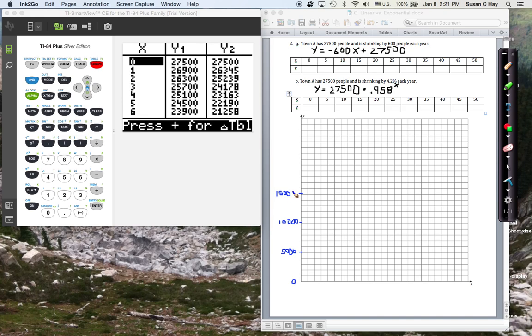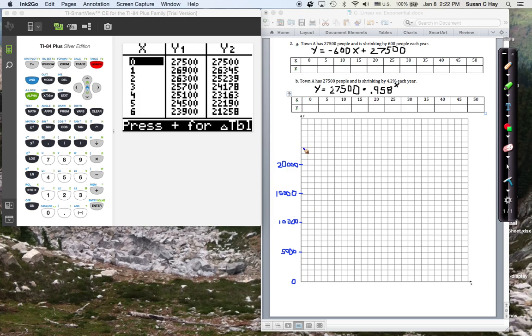It's enough to put in every 5,000. 15, 16, 17, 18, 19, 20,000. One of the common mistakes is to not have your numbers spaced properly. Make sure there's always the same number of spaces so that each increment is worth 1,000.